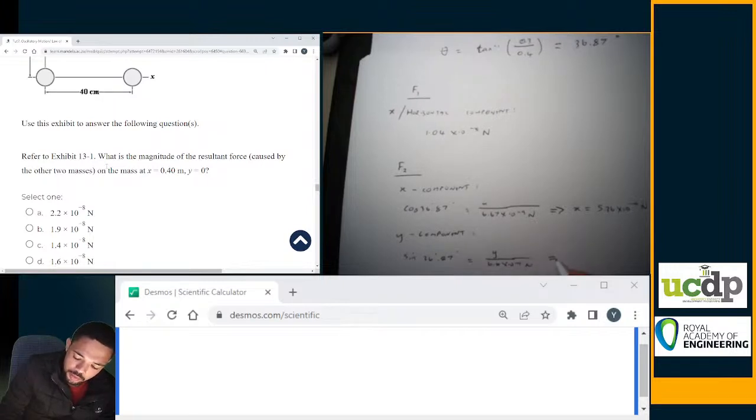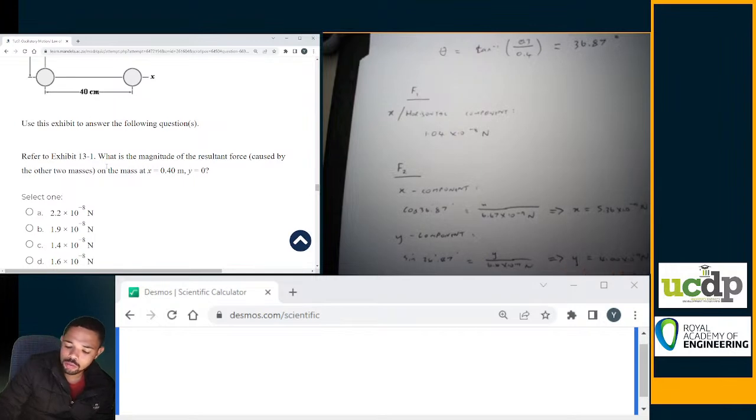That's why I'm not spending a lot of time on it. It is equal to 4 times 10 to the negative 9 newtons.